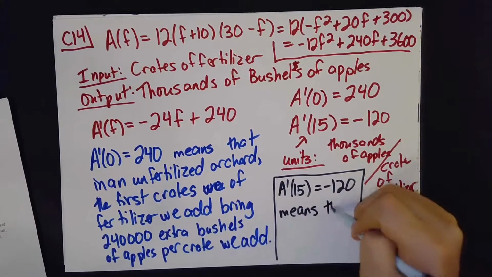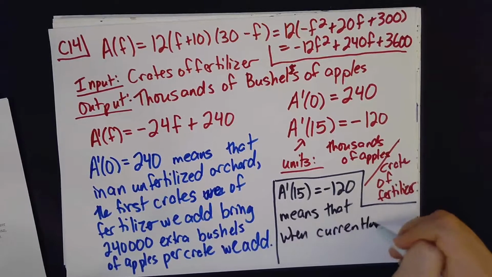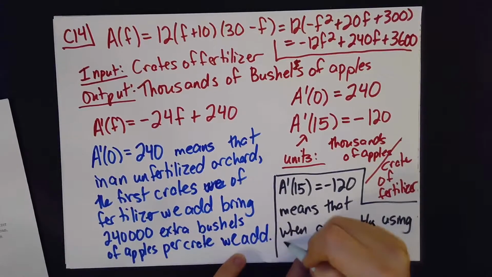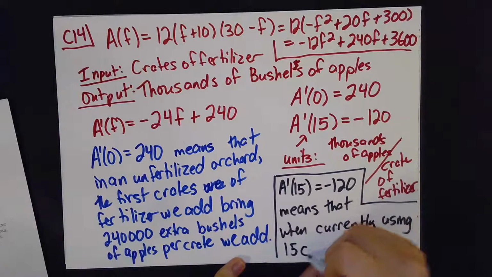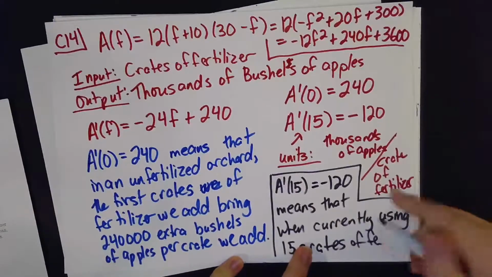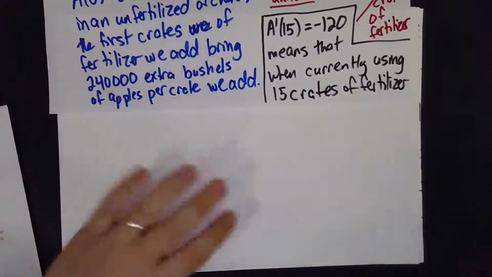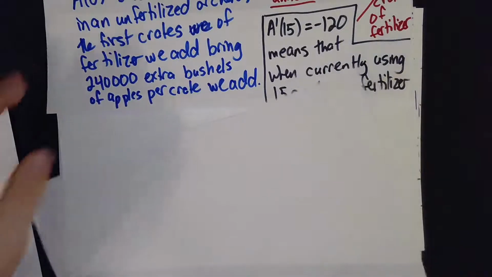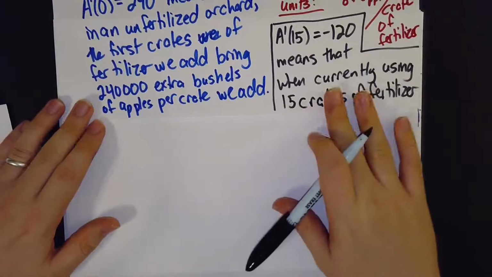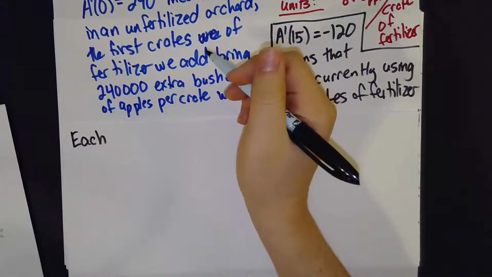This means that when currently using 15 crates, then using additional crates actually decreases the amount of bushels of apples that we make.